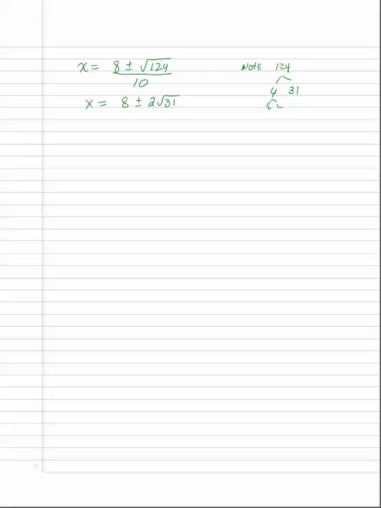And then we can factor, since we have an 8 and a 2 and 10, 2 divides out of all 3 of those, so we divide it out of all 3 of those. Or you can think of it as you're going to factor a 2 out of the top. 1 square root of 31.